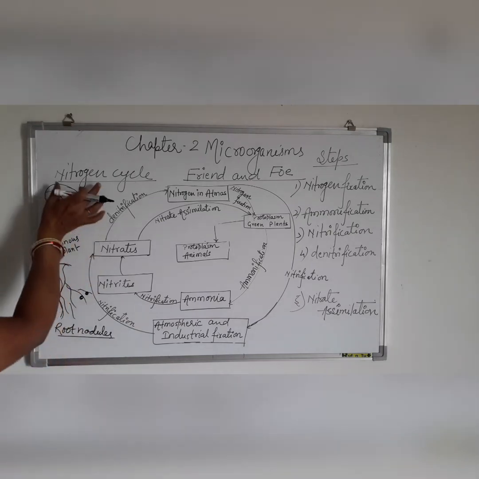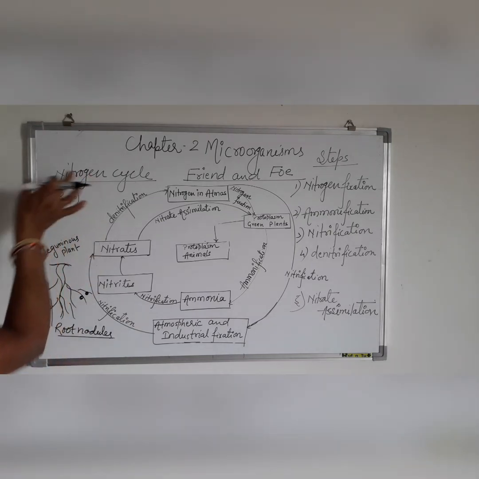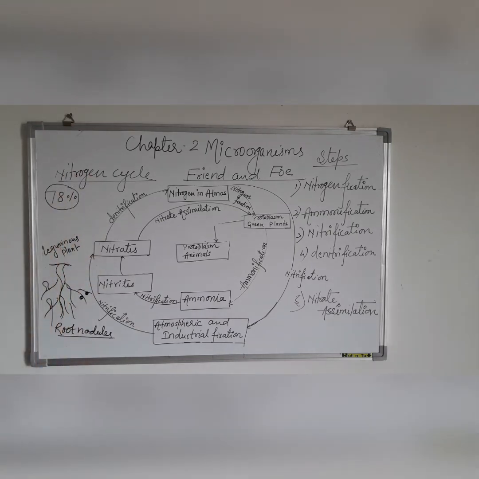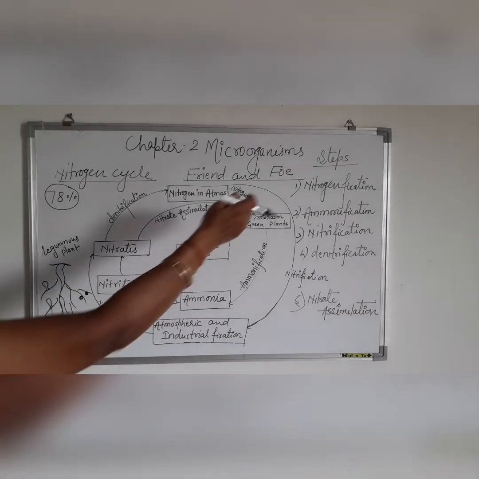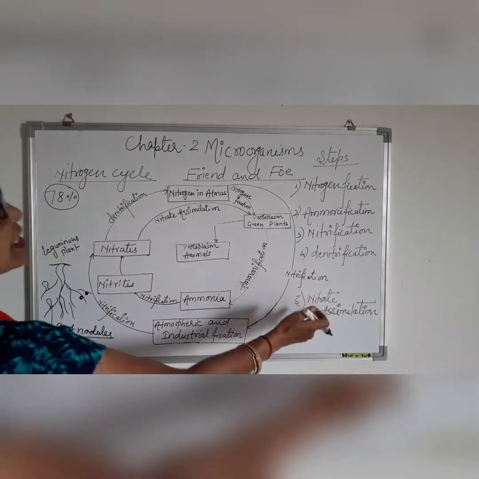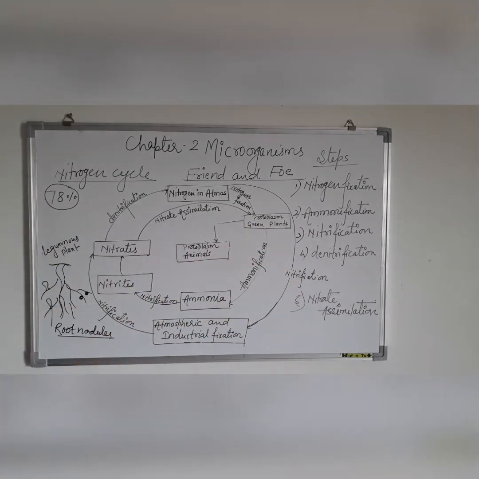So here the repeated circulation or the transfer of nitrogen between the biotic and abiotic components, or we can say the living and non-living components of the environment, is called the nitrogen cycle. Nitrogen cycle completes in how many steps? In 5 steps which I have already written.